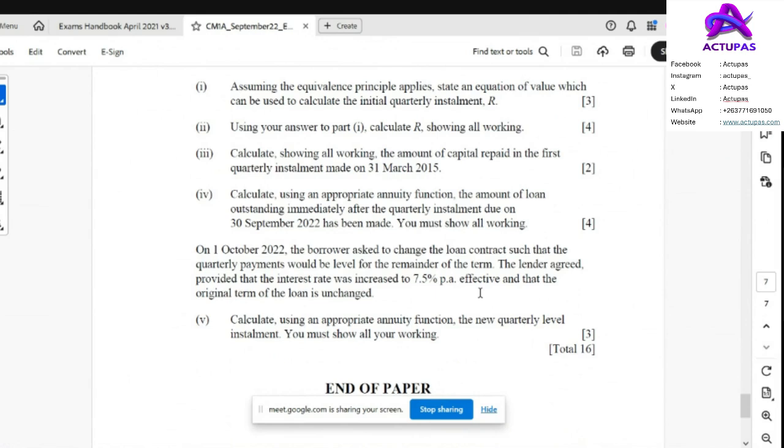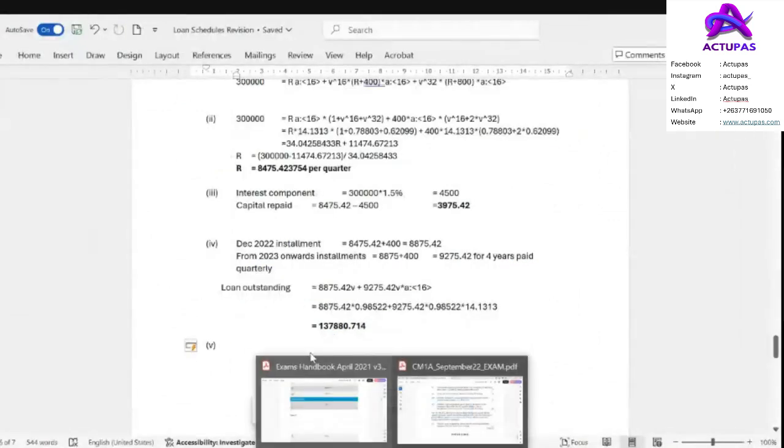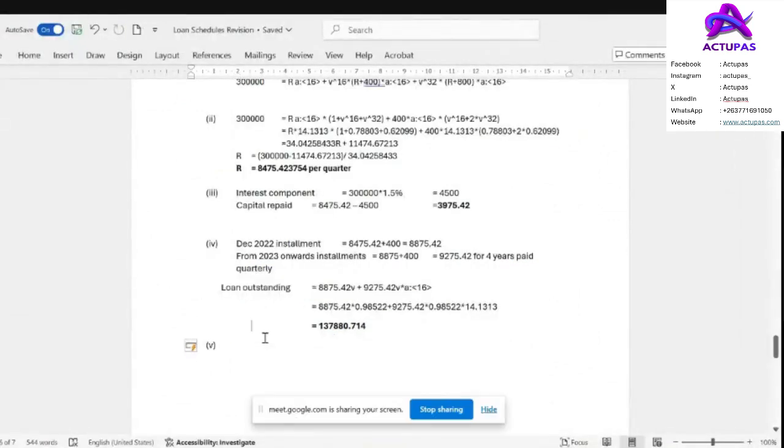So here we can use the equation of value to determine the new quarterly level installments. And here we've been given the annual effective rate, so we have to determine the quarterly effective rate. As at 1 October 2022, we are left with 17 installments.